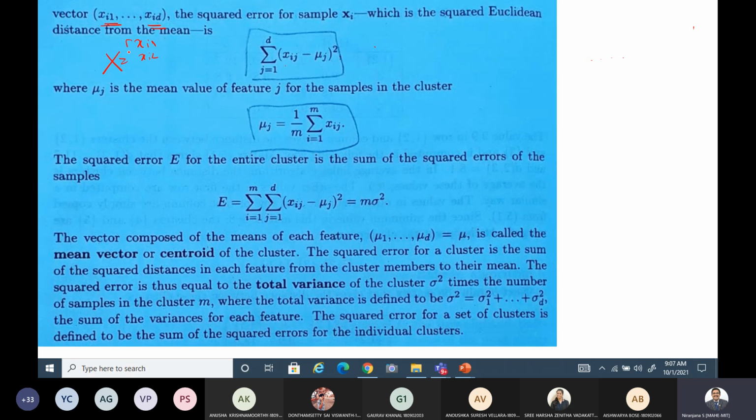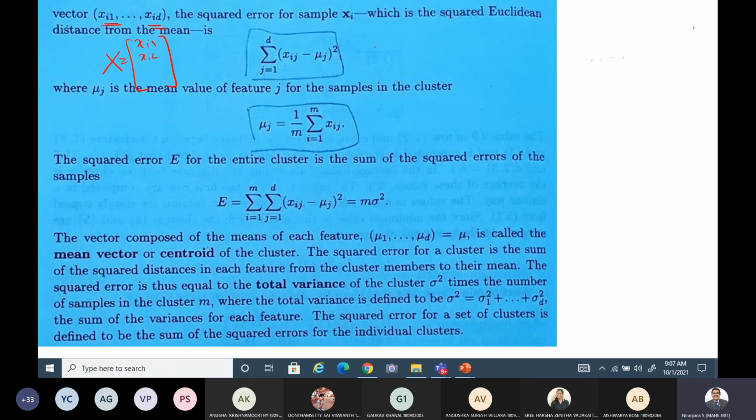That is what I called a column vector when you consider it. Now try to understand that for each variable's mean, with respect to that, how far away it is is quantified here as mu j. Mu j is the mean value of each variable, and how far away from that you quantify as squared error.